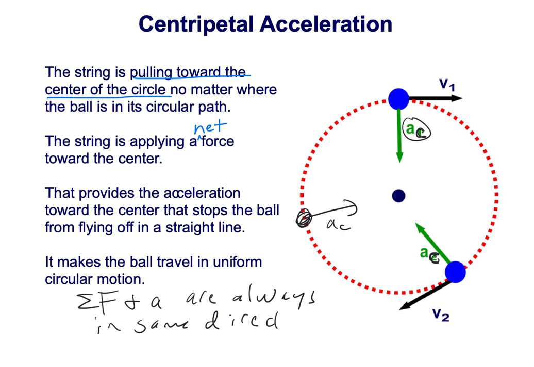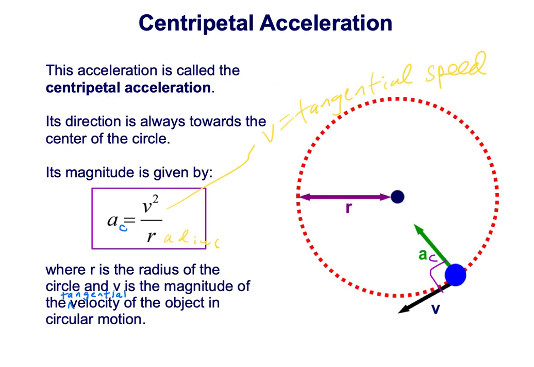And in this case, always pointing towards the center of the circle. So I could also draw FC vector, which would always be in the same direction as the AC it causes. C means centripetal. Here I am forgetting to say it before I write it, as I write it.